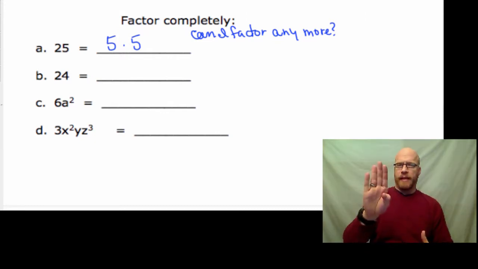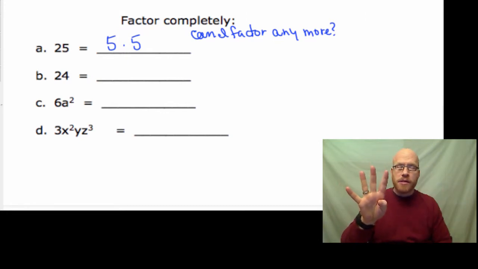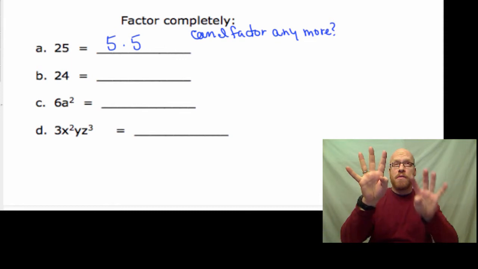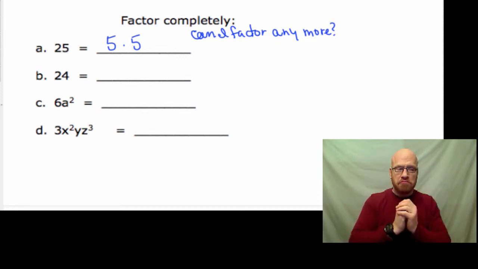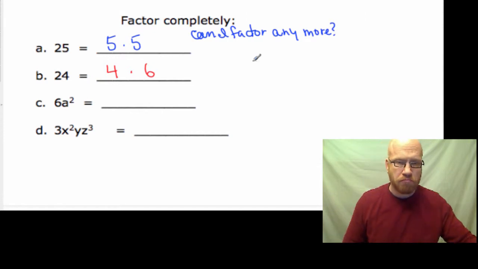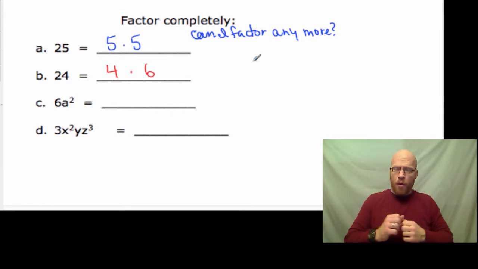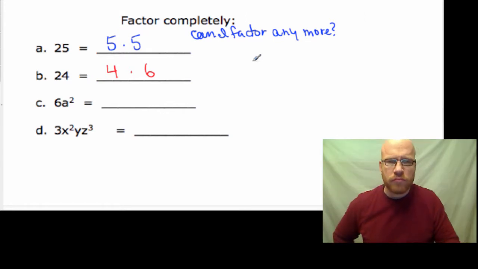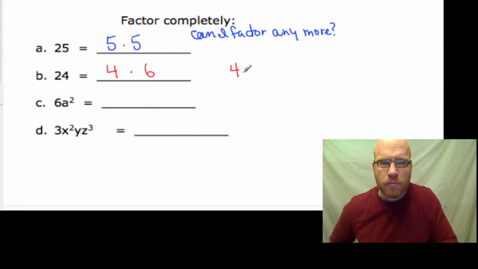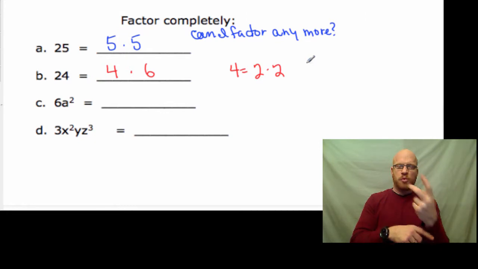Now I'll go with 24, example B. 24, okay, I could divide it by, well, I know 24 is 4 times 6. We'll go with that. So we have 4 times 6. But I'm looking at it going, 4 and 6, they can be divided down further. 4 equals 2 times 2. And we replace that.